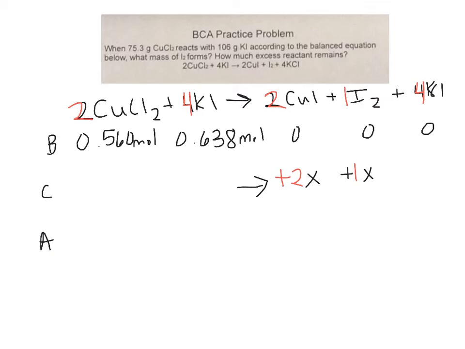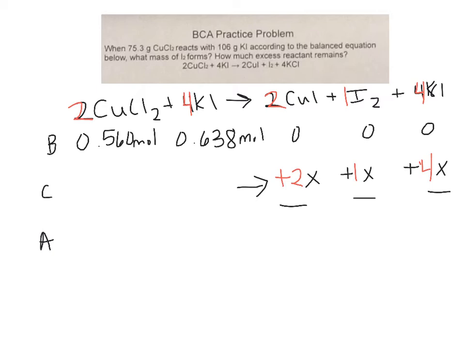Over here, the potassium chloride product, the KCl, has a 4 in front of it, and so the amount of KCl I'm going to make is 4X, because I don't know yet how much I'm going to make. On the right-hand side, I can see what I'm producing. All of these X's are the same value, but we're making them at different amounts due to the stoichiometry, 2, 1, 4.